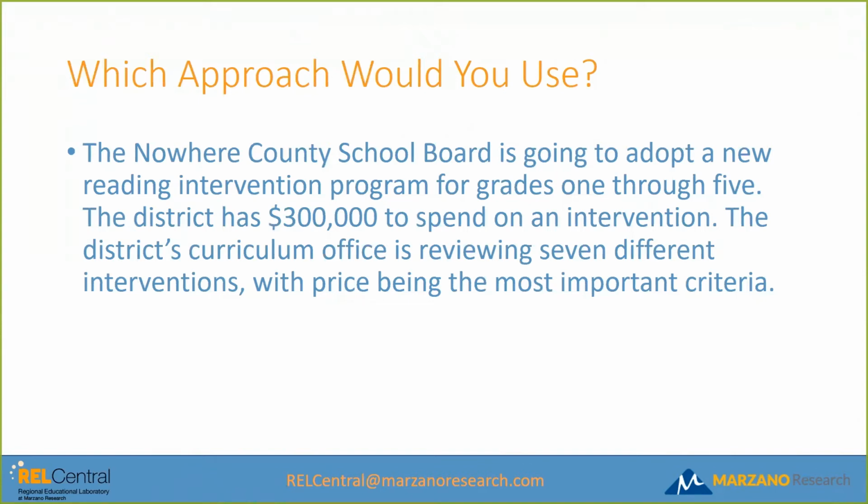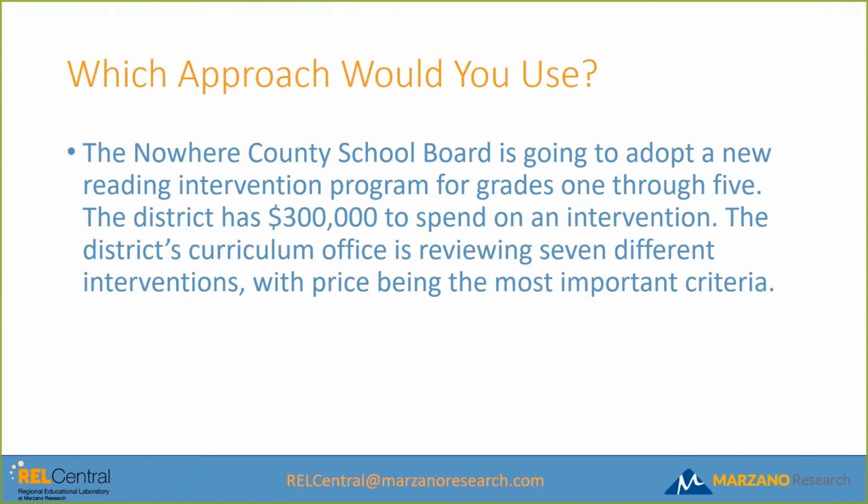And even though the district's curriculum office may have been reviewing a number of different interventions, at least in this scenario, we don't specify that they were looking at which ones were most effective in terms of improving reading in grades 1 through 5 in the district.